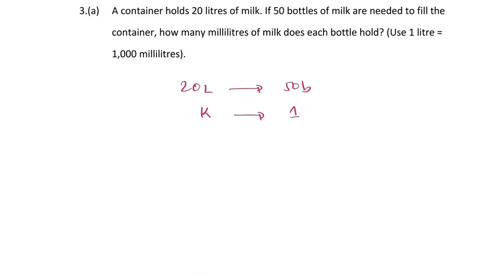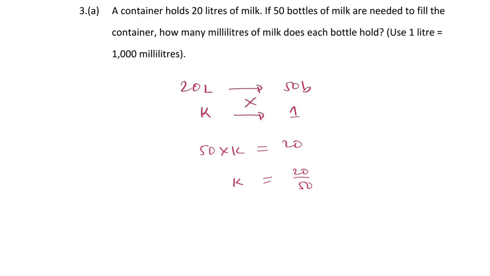Next, let us cross multiply this. We are having 50 times K equals 20. Next, let us divide by 50 on both sides. Then our equation is going to be K equals 20 over 50. So this is the amount of liters occupied by 1 bottle.